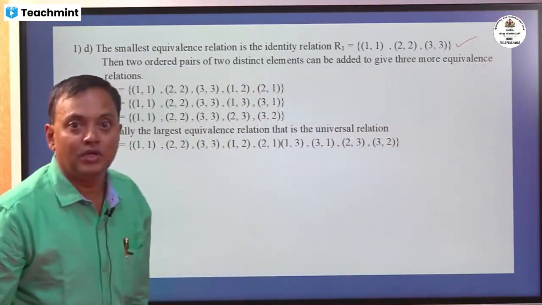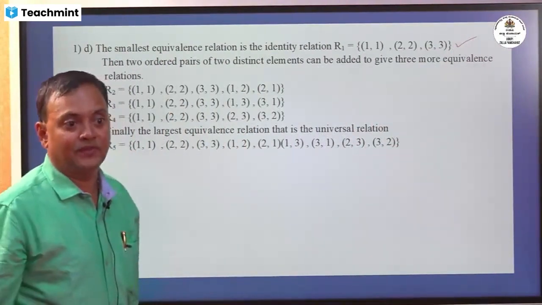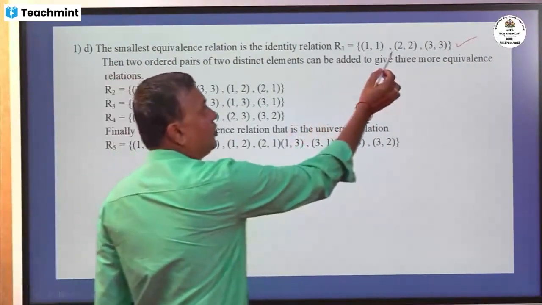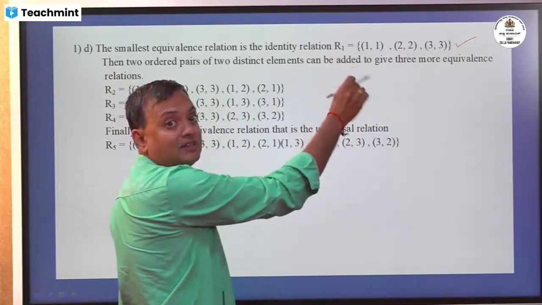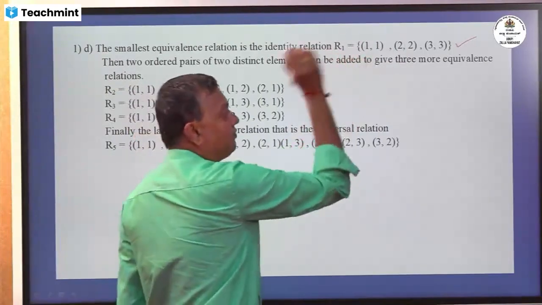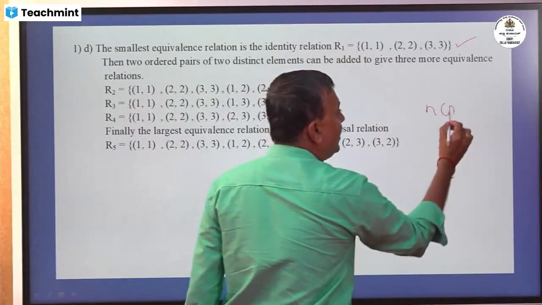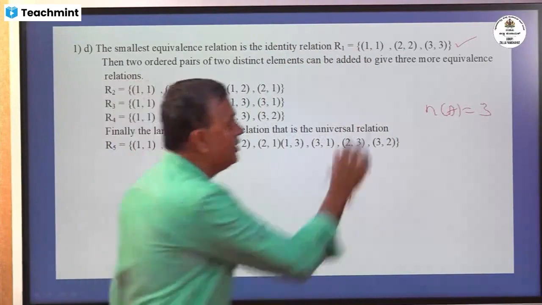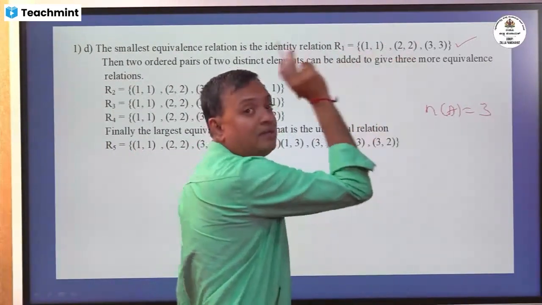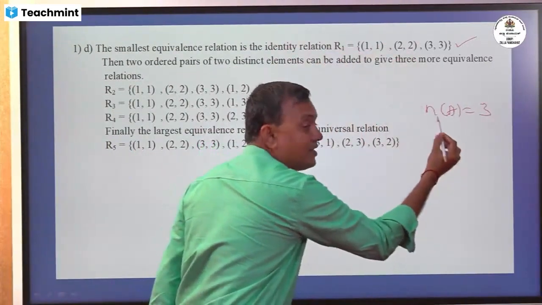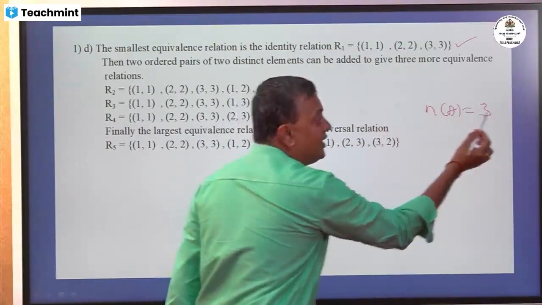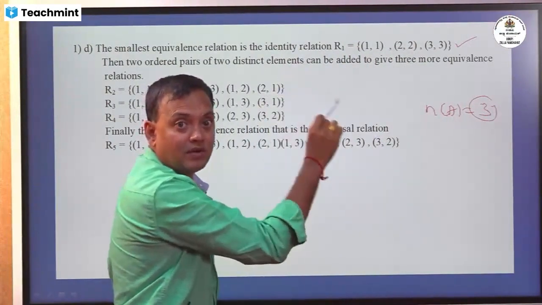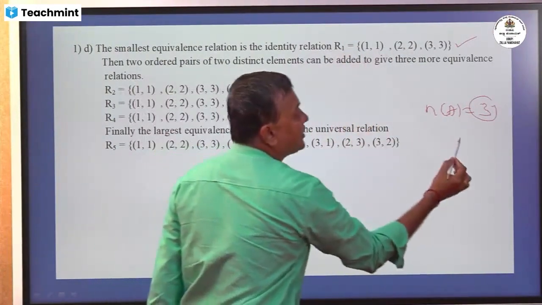It can be asked like this also. Set A is 1 2 3. The smallest equivalence relation is this one, 1 1, 2 2, 3 3. The number of elements in the smallest equivalence relation: if n of A equals 3 elements, then the smallest equivalence relation is 1 1, 2 2, 3 3. The number of elements in the smallest equivalence relation for a set containing 3 elements is also 3.